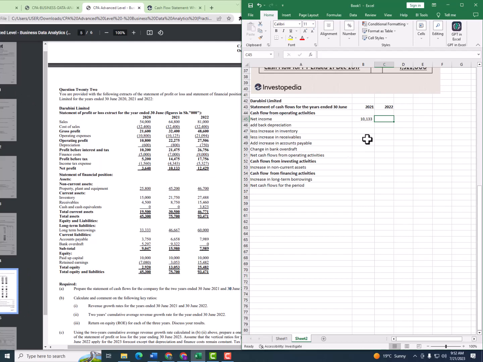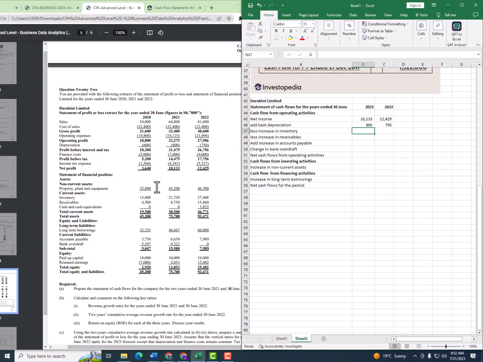For 2022, it is going to be 12,429. That's the net income for the period. We are required to add back depreciation. So what was the depreciation figure for 2021? 800. Hit tab. For 2022, 750.